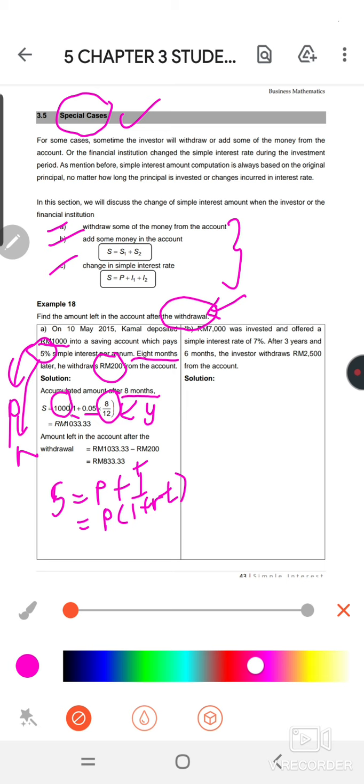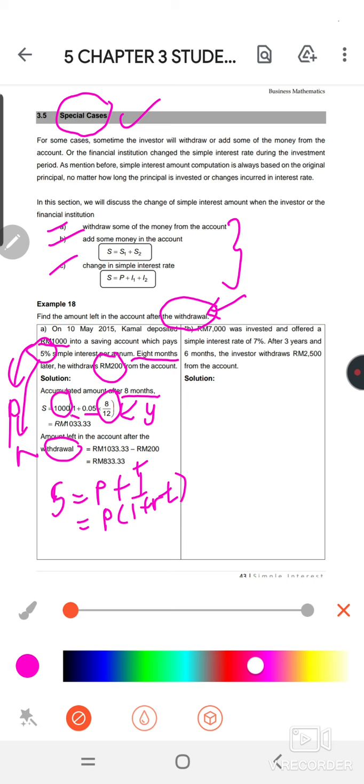So it means that after 8 months, dia dah kumpulkan wang sebanyak 1,033.33. But after 8 months, he withdraws RM200. So the amount left in the account after withdrawal, maksudnya lepas dia keluarkan 200, is 1,033.33 minus 200.